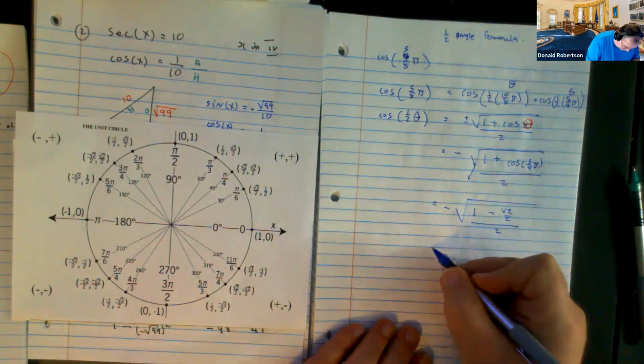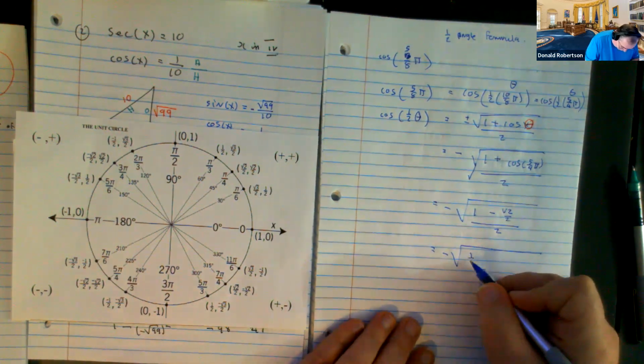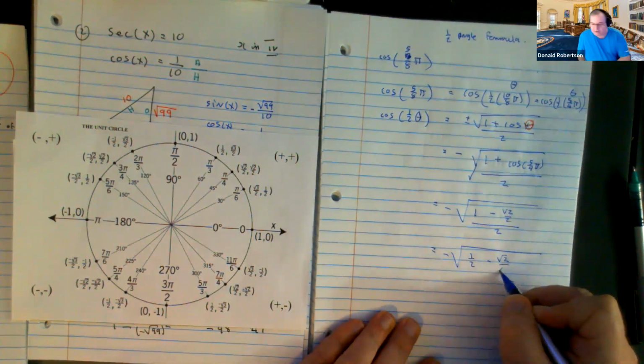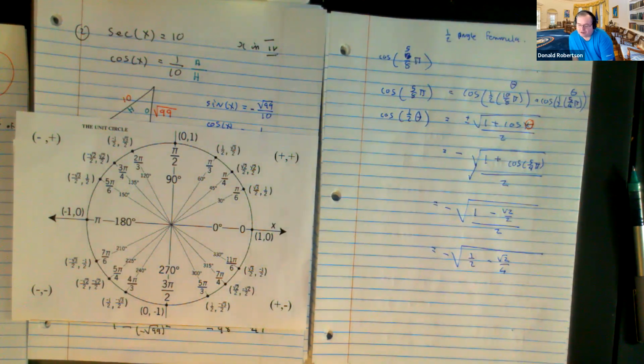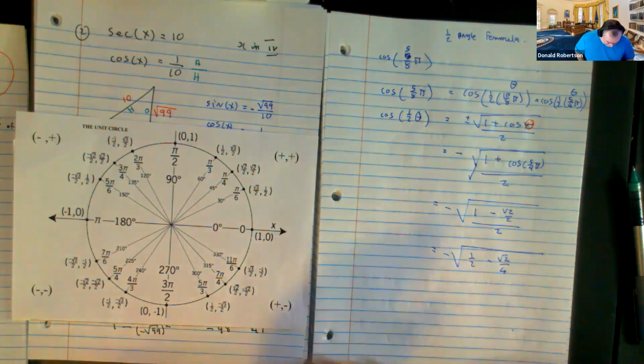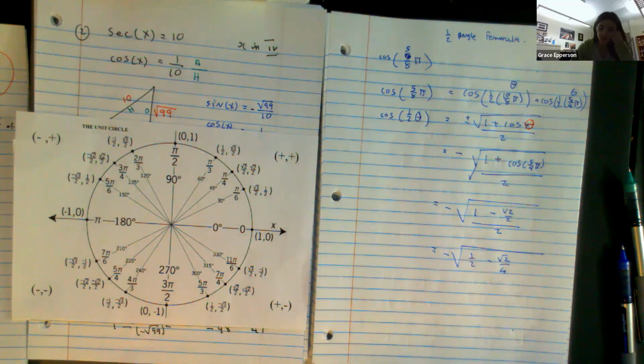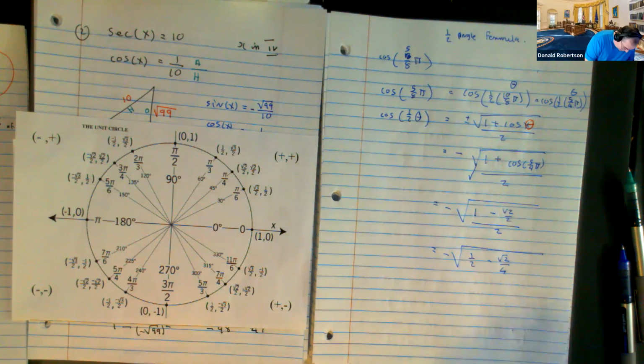And then we spend ages trying to figure out which version to use. I'm going to use that version. You can tidy it up in various ways. You want to check that one out? Looks good. What I did was I put 1/2 as 2/4, and then I tried to combine them. If you want to do that, that's fine.